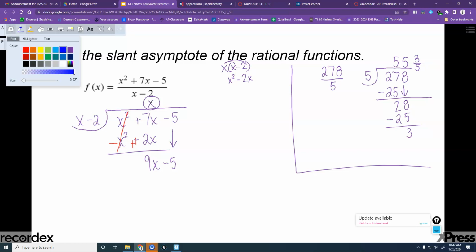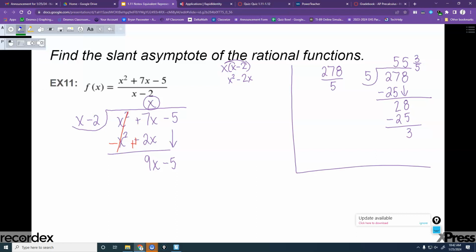Okay. All right, so next step, I'm going to switch colors here. Let's do blue. Next step, we're asking ourselves, what right here could I multiply by x to get 9x? 9, right? And it'll be a positive 9, so I'm going to put plus 9 right there. And then I'm multiplying 9 times x minus 2.